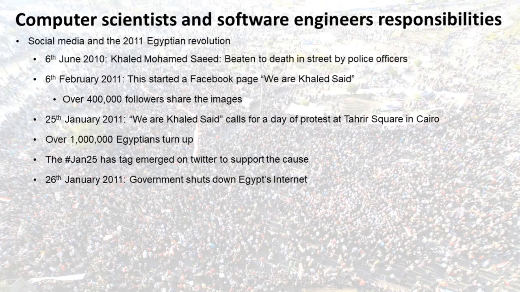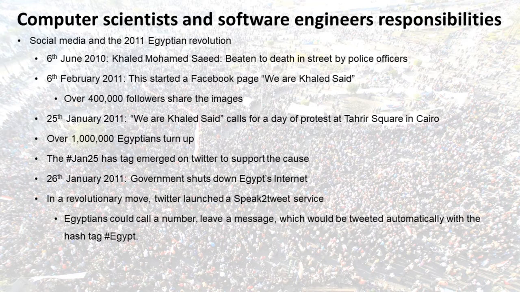On the 26th of January 2011, in a response to this social media outcry, the government shut down Egypt's internet. In a revolutionary move, Twitter launched a speak-to-tweet service. Egyptians could simply call a number, leave a message, and it would then be tweeted automatically with the hashtag Egypt.